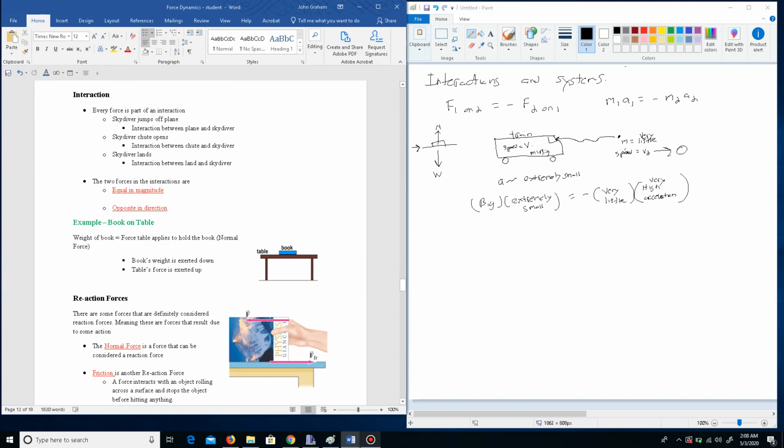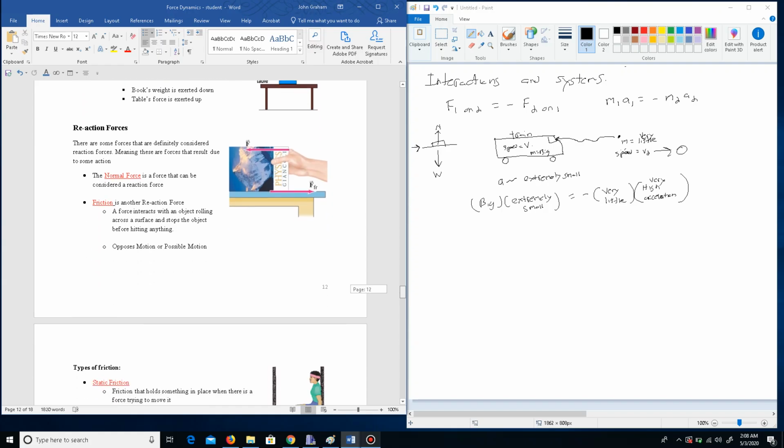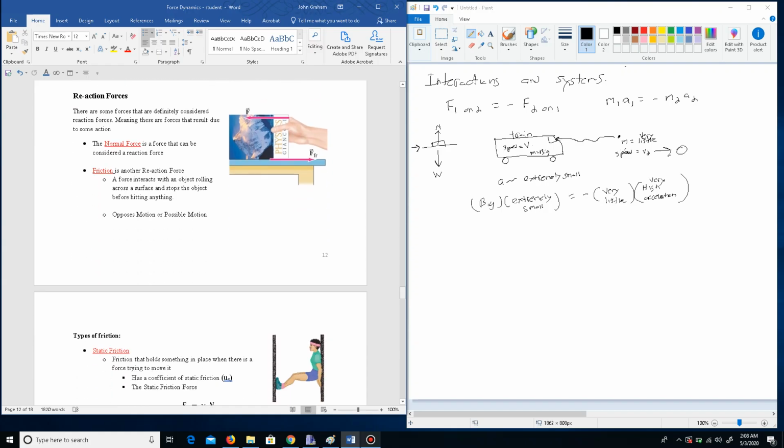Alright, so certain forces really take this into account. I already mentioned this, so I'm not going to mention that book again. These forces are called reaction forces. First one I just mentioned above, the normal force.